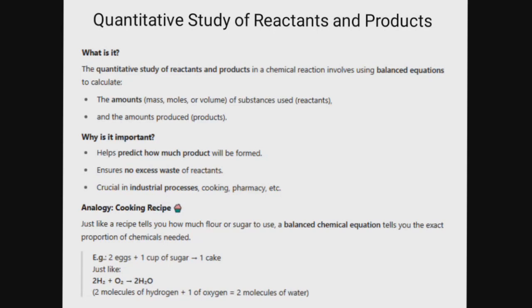Or you have 2 moles of nitrogen and you have 3 moles of hydrogen, you already know that you're going to have 2 moles of ammonia forming.